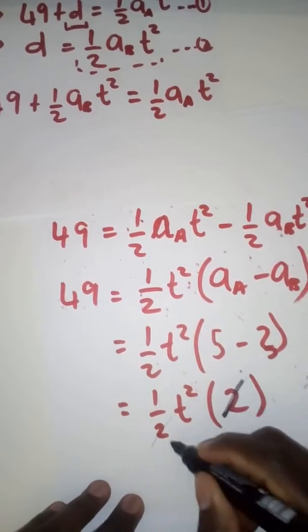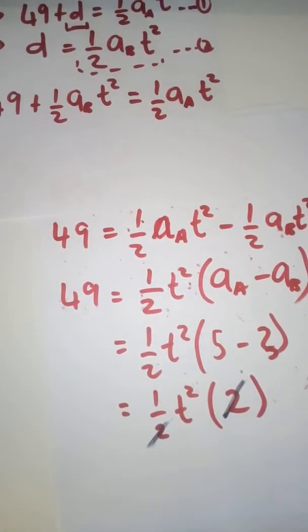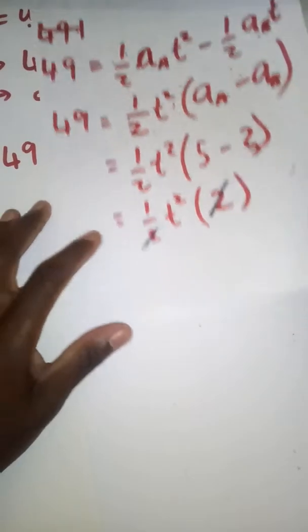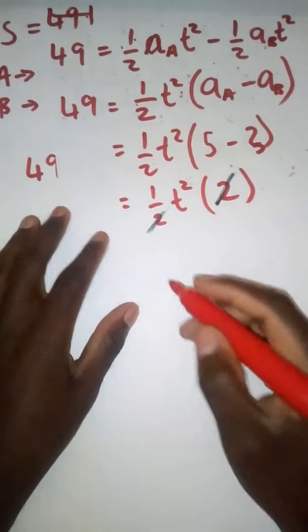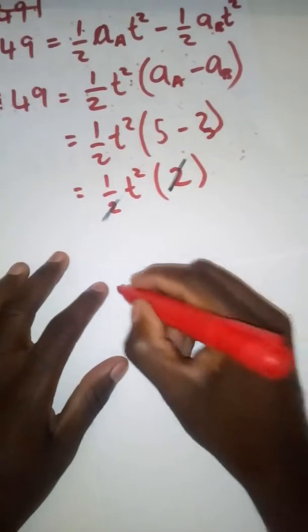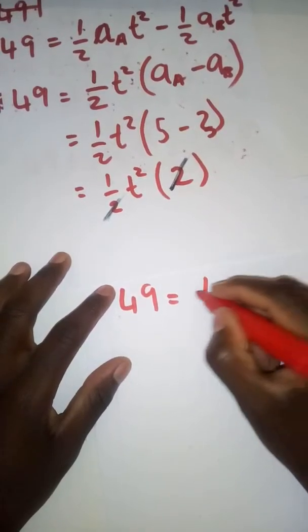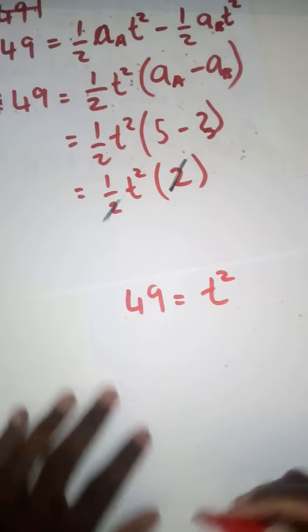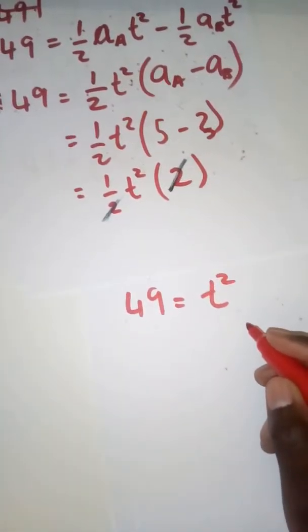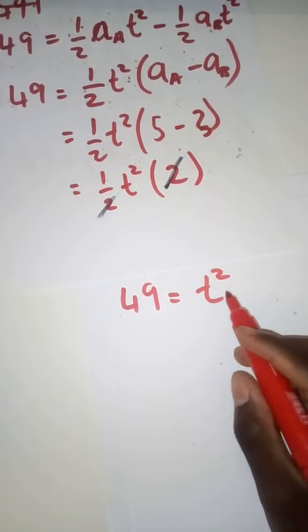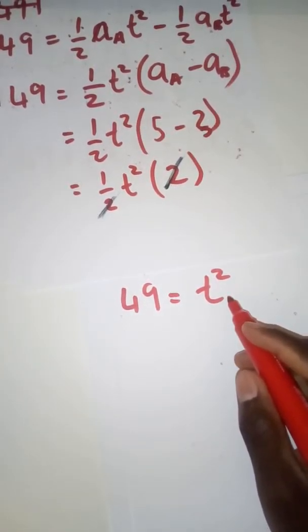Then we are left with 49 equal to t squared.